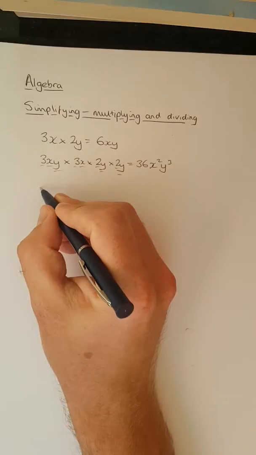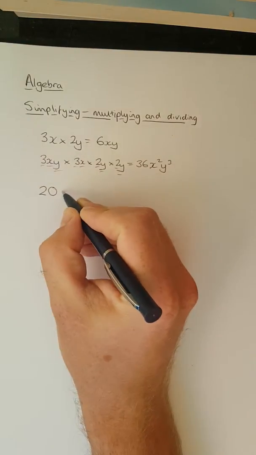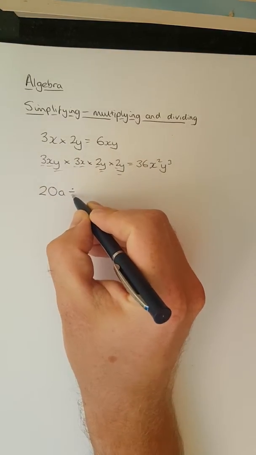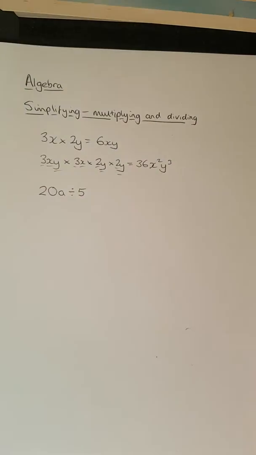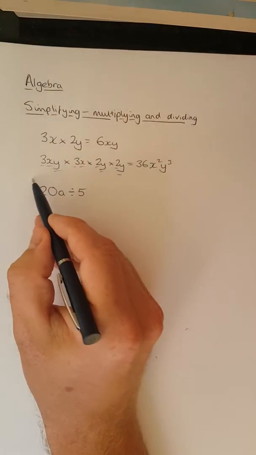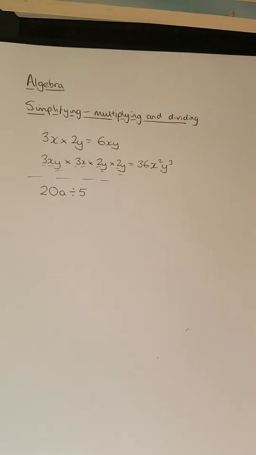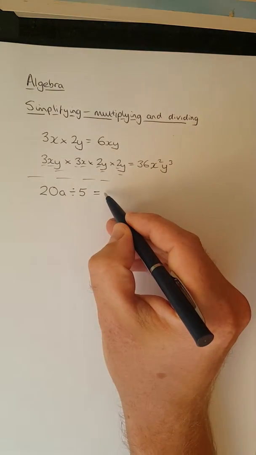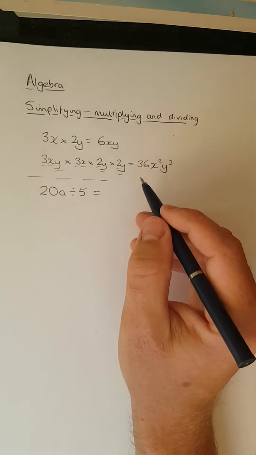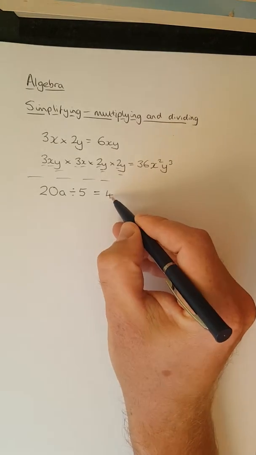Now let's look at the following situation, where I'm going to divide. So let's look at 20a divided by 5. Well, 20 divided by 5 would have been 4. So 20a divided by 5 is 4a.